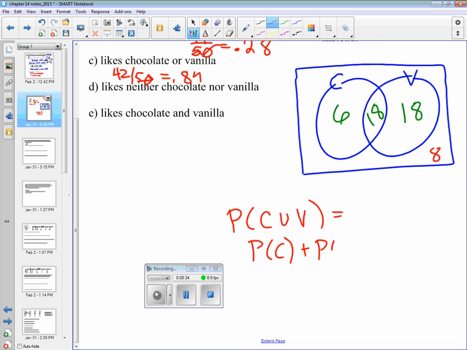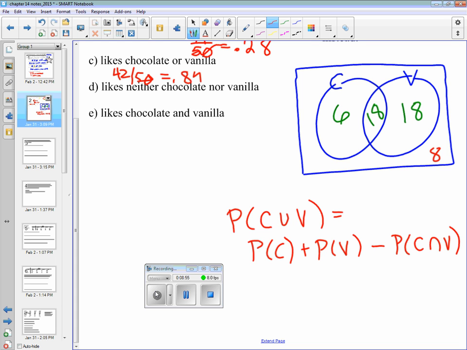And then what do I have to do? Subtract, because I don't want to count twice, the middle part. Remember that? So I'm going to subtract off the probability of the and. What's the symbol for and? The upside down U.